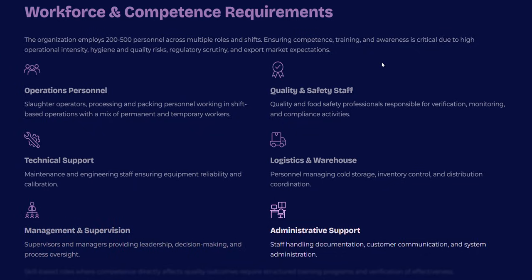And then we have administrative support, staff handling documentation, customer communication, and system administration. In skill-based roles where competence directly affects quality outcomes, a structured training program and verification of effectiveness are required.